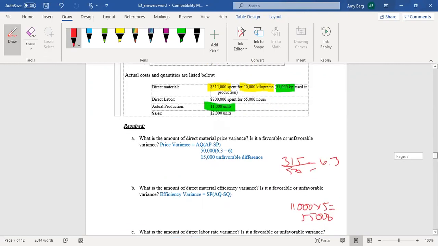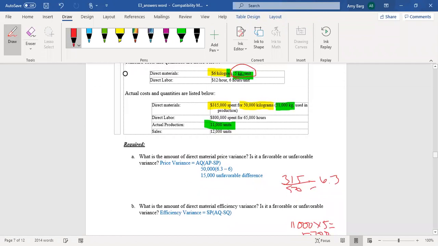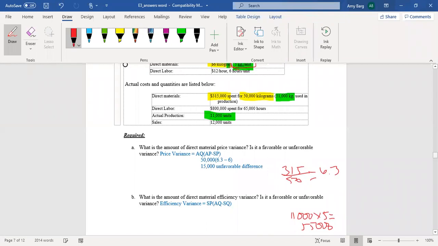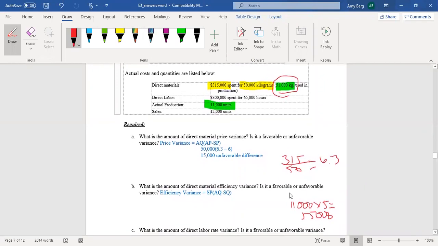If everything goes exactly according to budget, you should need 55,000 units of direct materials in order to create 11,000 units. They're telling us in the facts that they used 51,000 kilograms to create 11,000 units, but the standard budget is telling us that they should have needed 55,000 units. Okay.